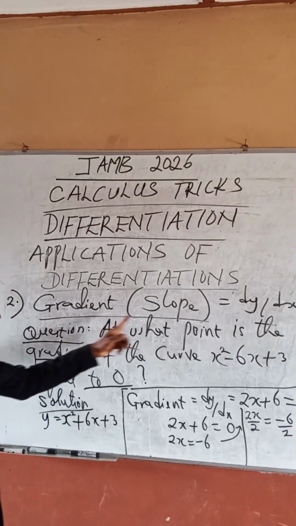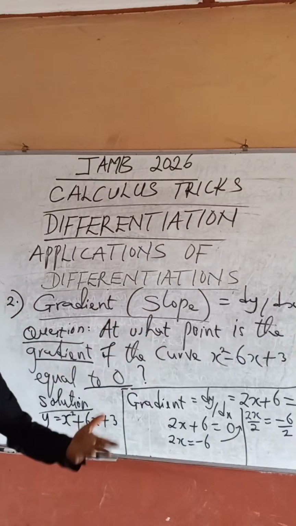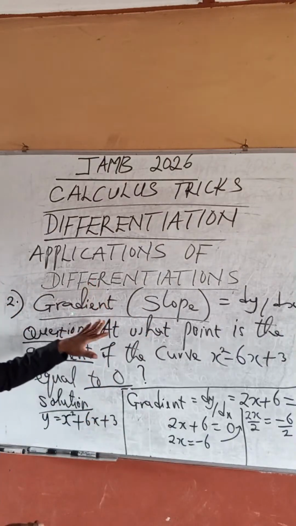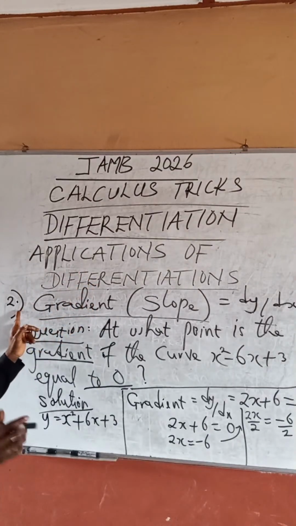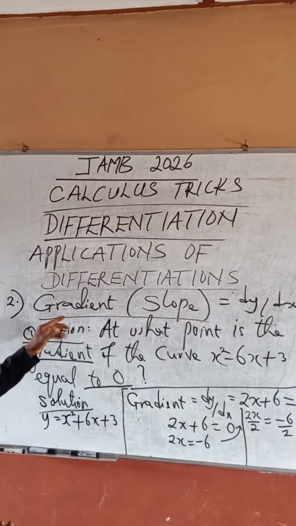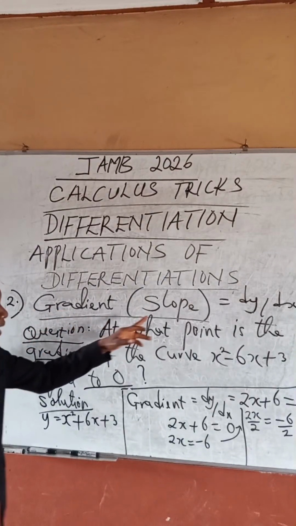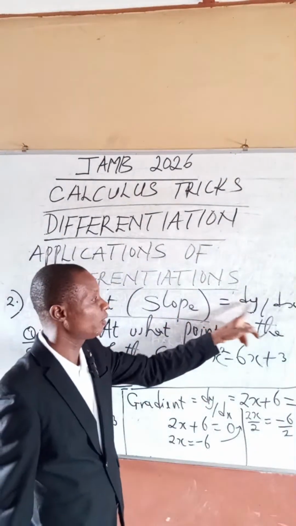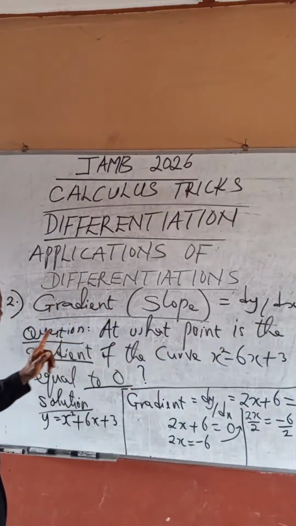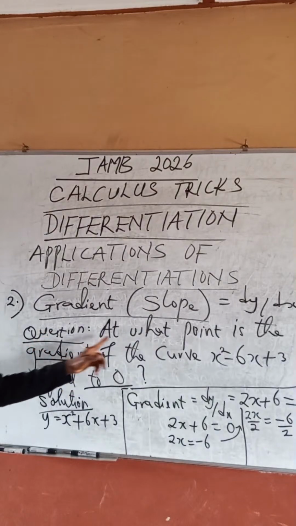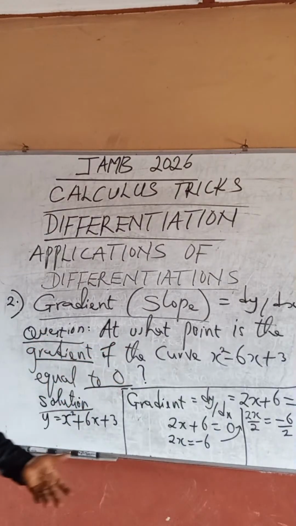This is gradient. Gradient means slope. This is one of the applications of differentiation. The first one is maximum and minimum points. But this second one is gradient, and it equals change in y over change in x. That is dy dx. This question is a past JAMB question.